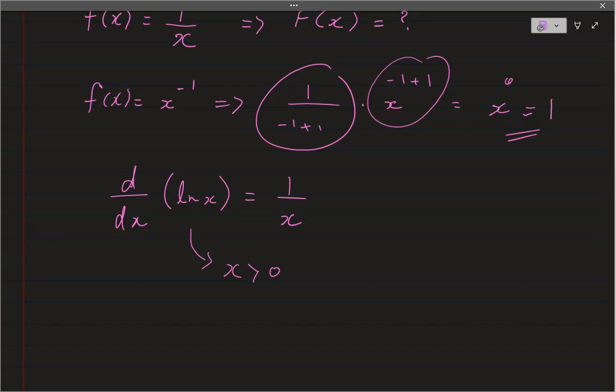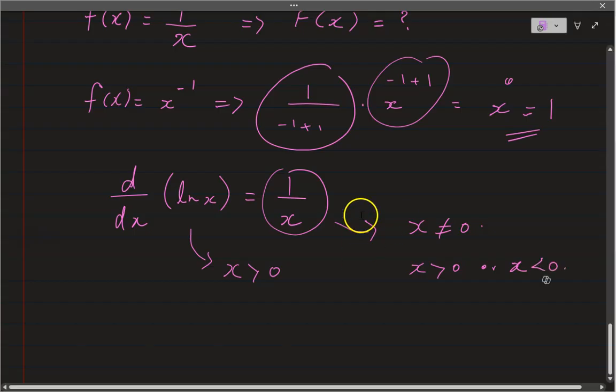However, when you have a derivative 1 over x, x cannot be equal to 0, but it can be anything greater than 0, or x could be less than 0, negative or positive. But for ln of x, x cannot be negative.